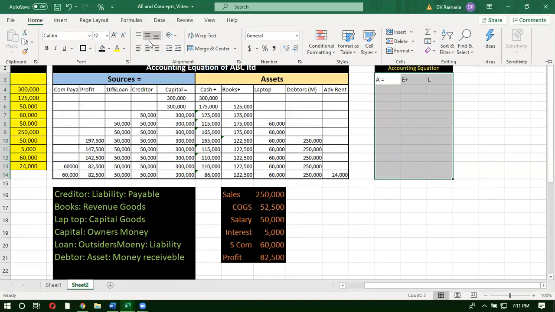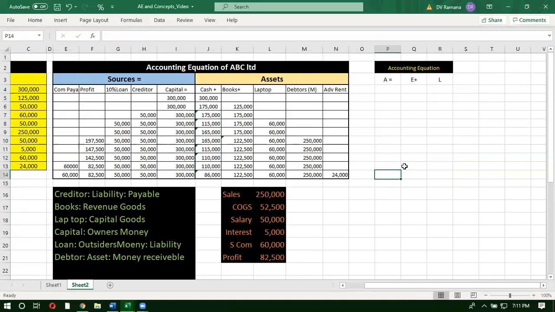Now, instead of showing all the items, let me put the last one here. So assets are cash plus books plus laptop plus debtors plus advance rent. That is my asset, supported by equity.